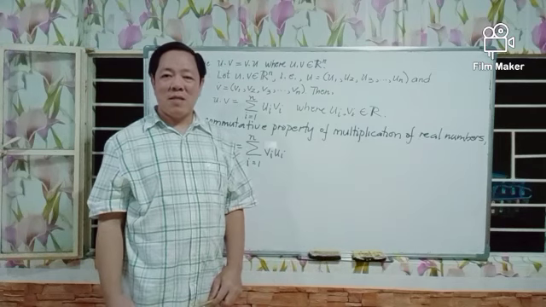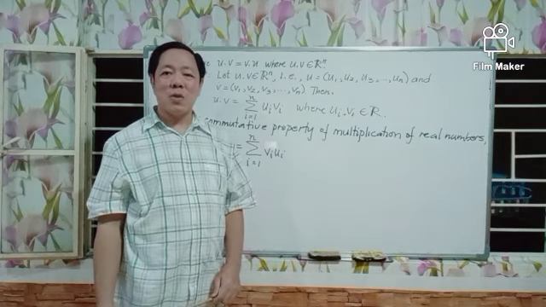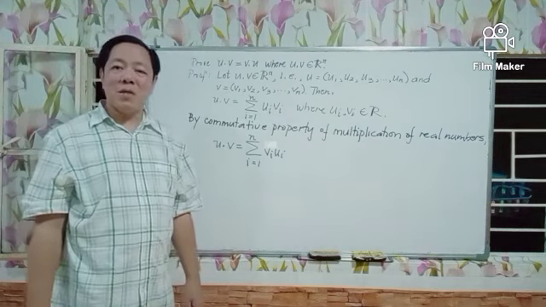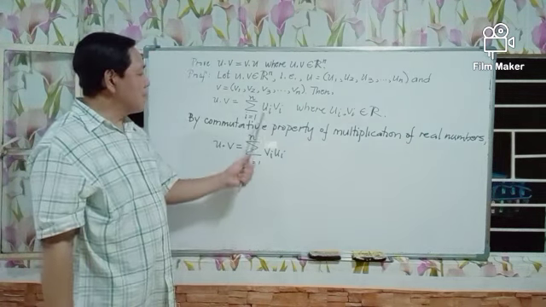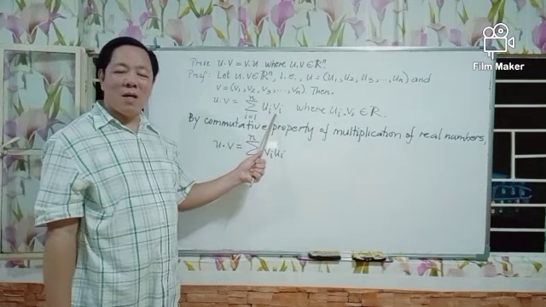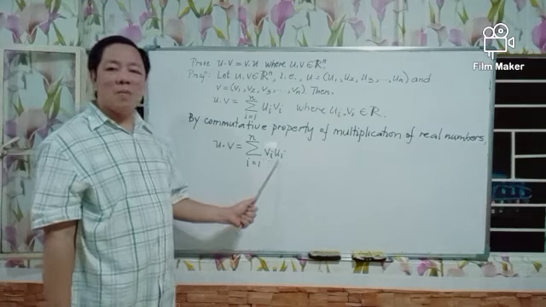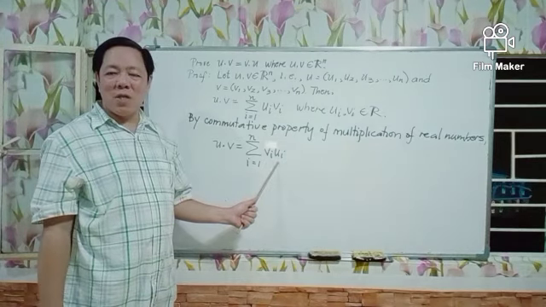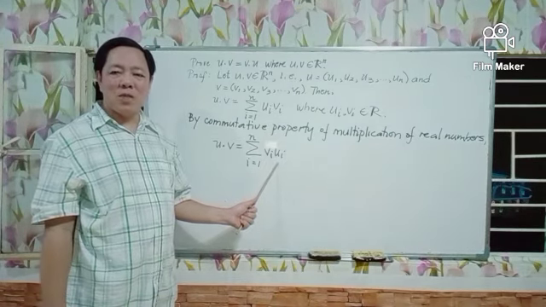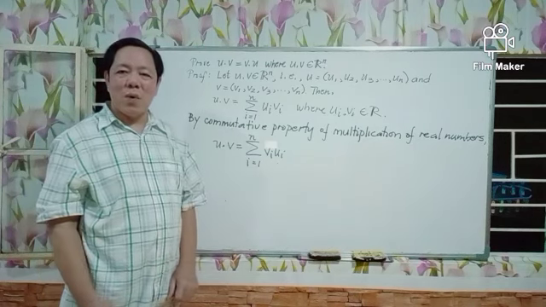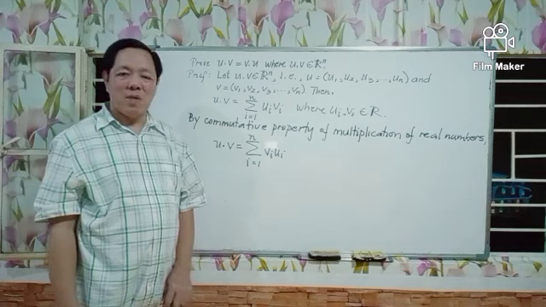That property says that in multiplying two real numbers, order is not important. Thus, the product u sub i times v sub i is the same as the product v sub i times u sub i. And that's the commutative property of multiplication of real numbers.